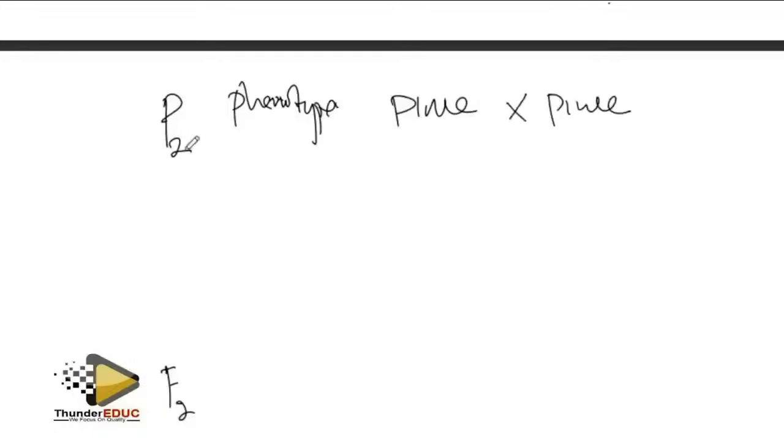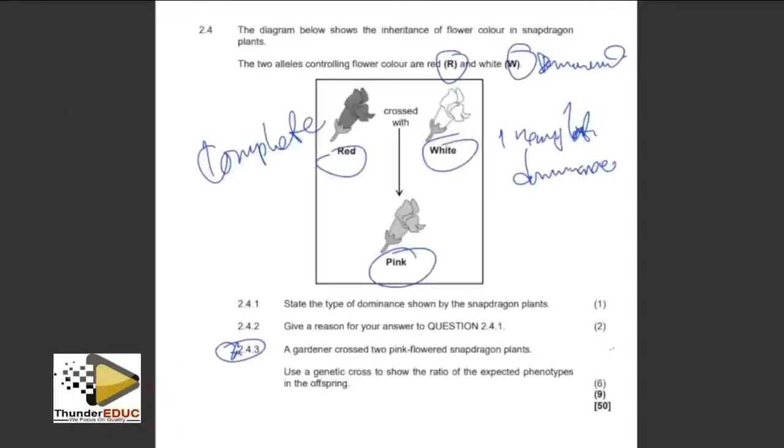So now, there you talk about the phenotype, which is pink. I told you that this is obtained from the question. Check what they are saying: a gardener crossed two pink flowered snapdragon plants.